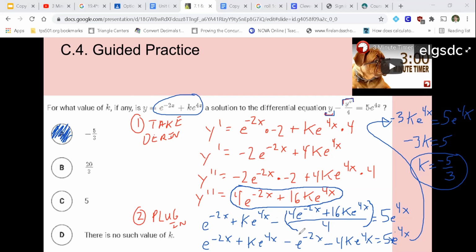And then when you go to further simplify this, notice that e to the negative 2x minus e to the negative 2x will cancel out. 1k e to the 4x minus 4k e to the 4x is negative 3k e to the 4x equals 5e to the 4x. And the only way those two expressions could be equal is if negative 3k here equals 5. Which means if you divide by negative 3, k must be negative 5/3.